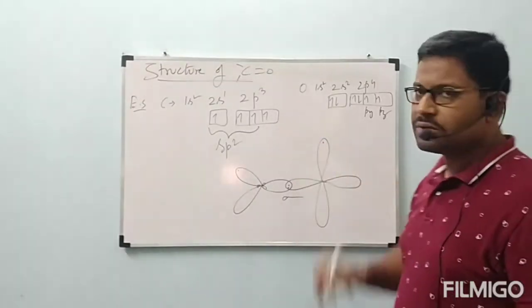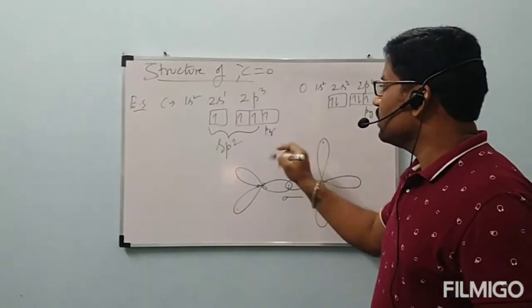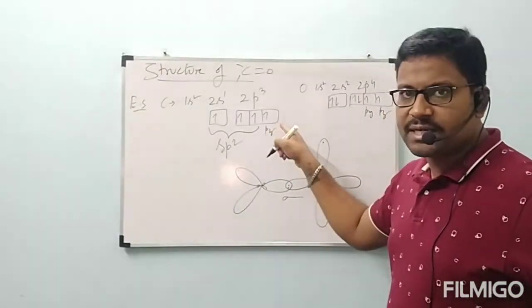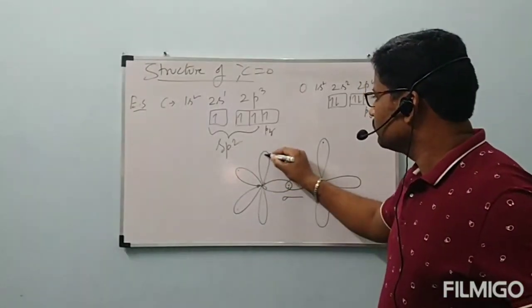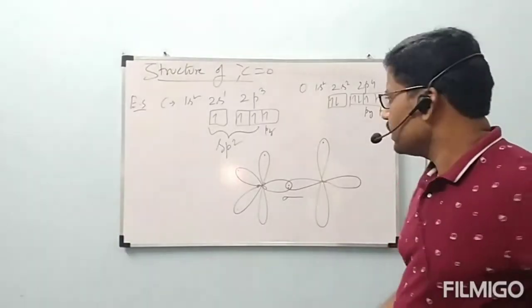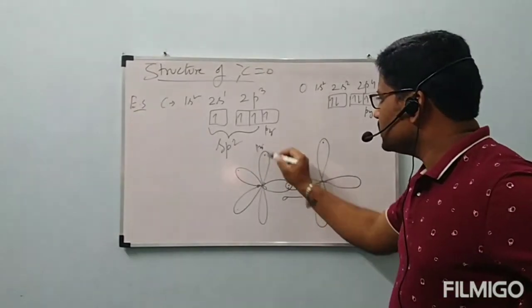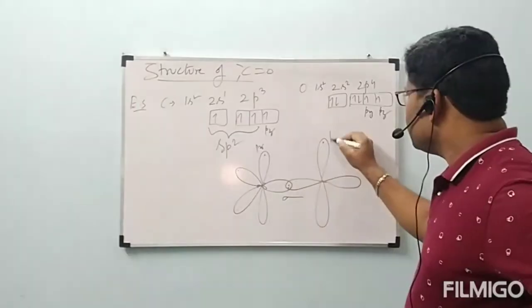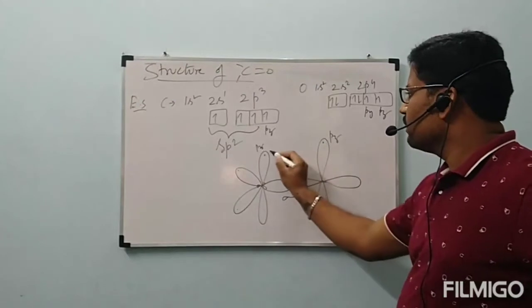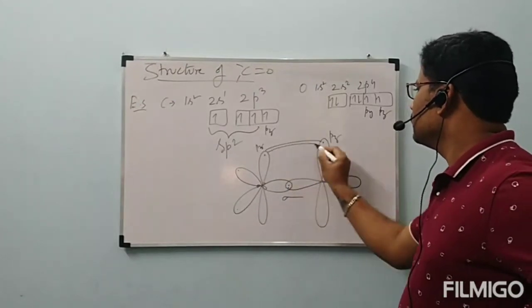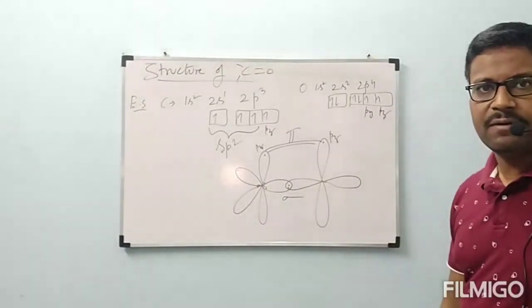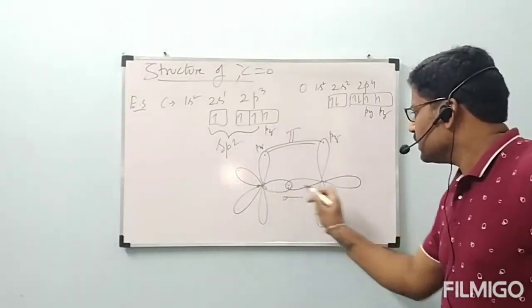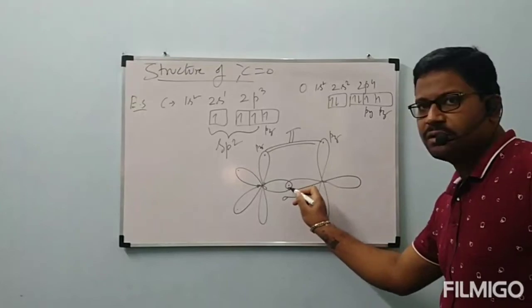Next, coming to carbon. Carbon has one unhybridized pz orbital, present like this. This unhybridized pz orbital of carbon and the pz orbital of oxygen will be involved in the pi bond. And the C O sigma bond is a single bond.